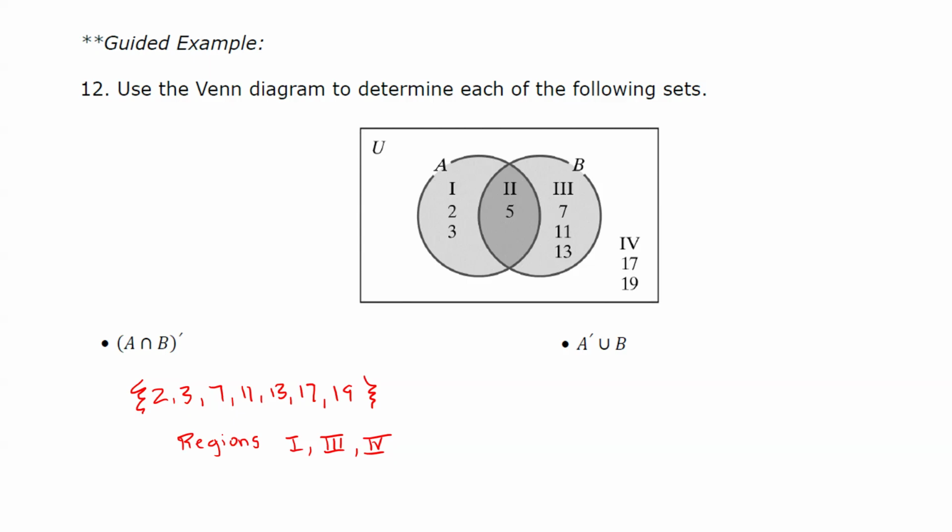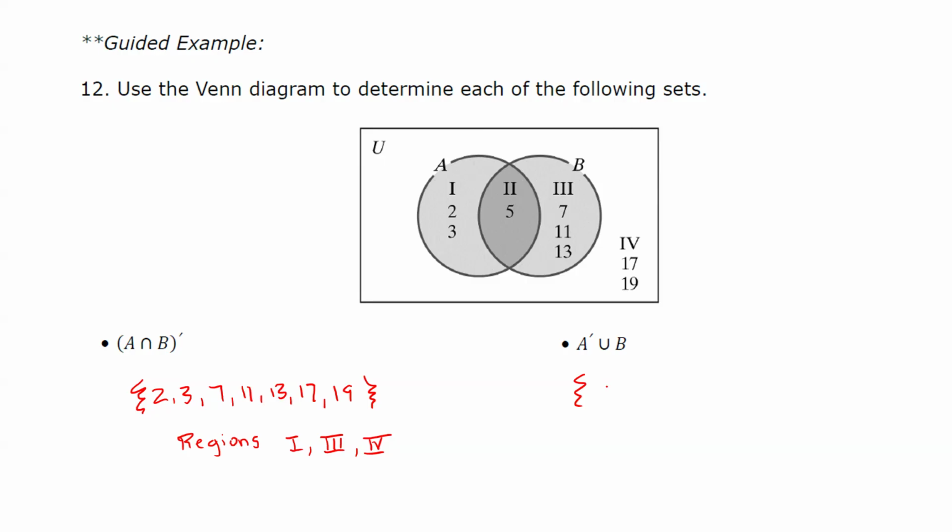Now I want the not A, which would be 5, 7, 11, 13, 17, and 19, in union with set B, which would be 7, 11, and 13.